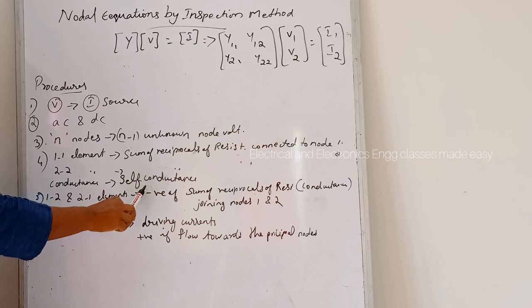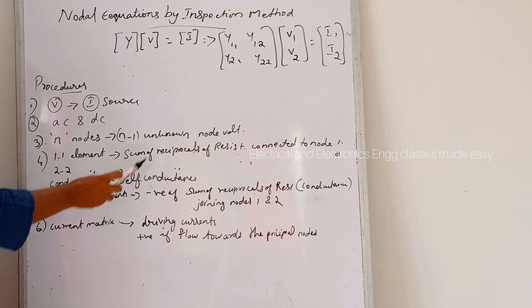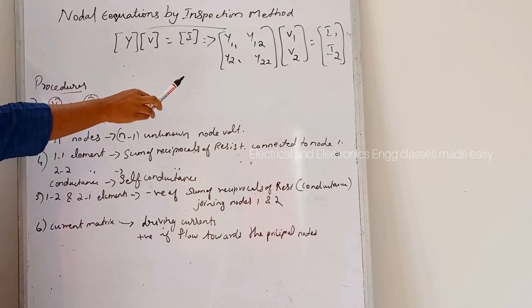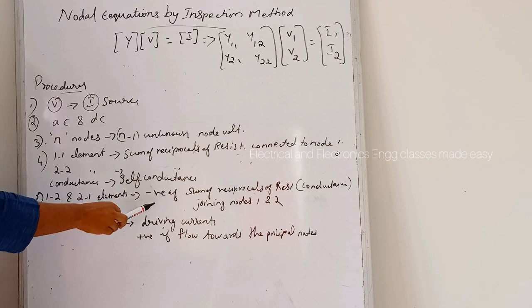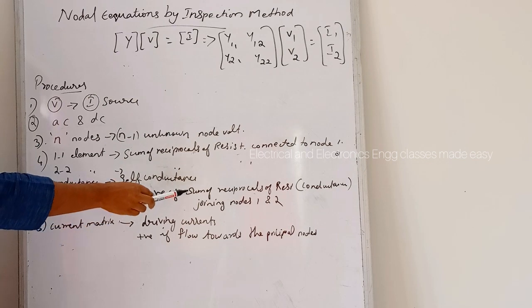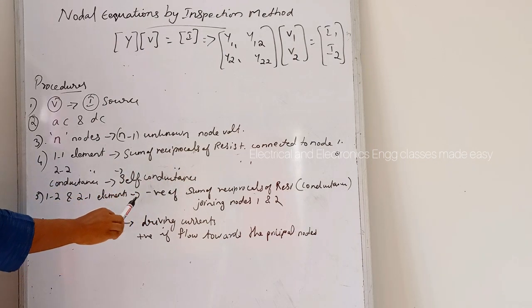Then next, the 12 and 21 elements, that is y12 and y21, are equal to the negative of the sum of reciprocals of the resistances joining nodes 1 and 2. Reciprocal of resistance means conductance.